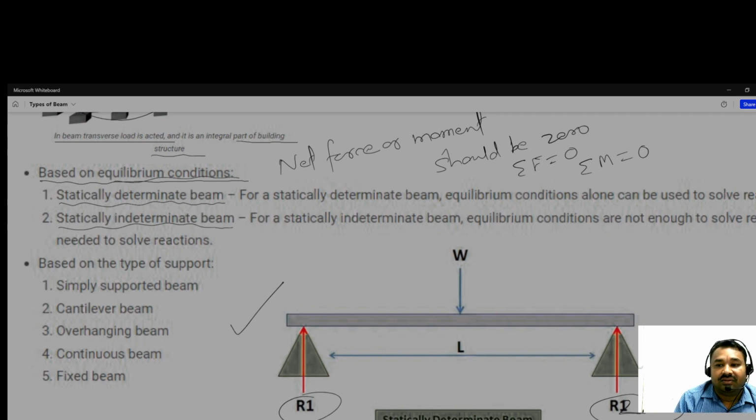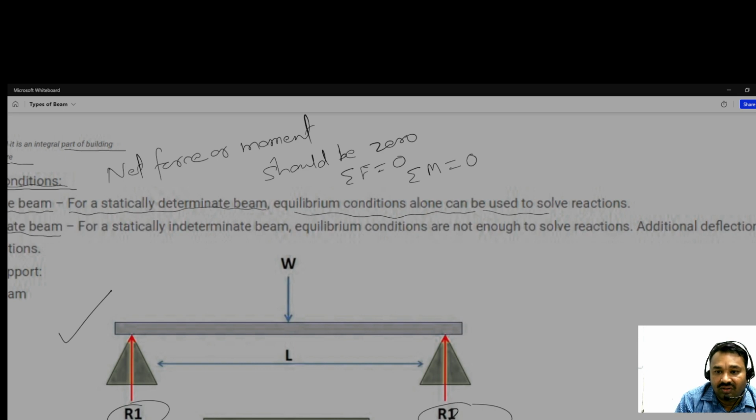Okay, so let us read the statement. For a statically determinate beam, equilibrium conditions alone can be used to solve reactions.